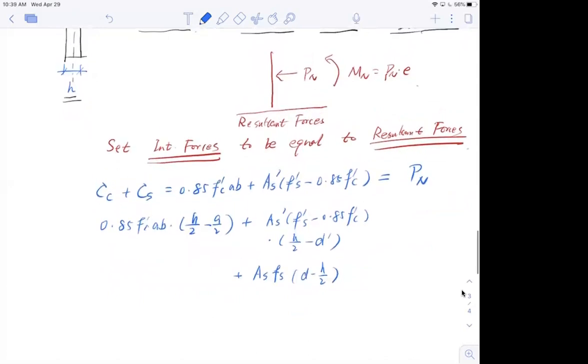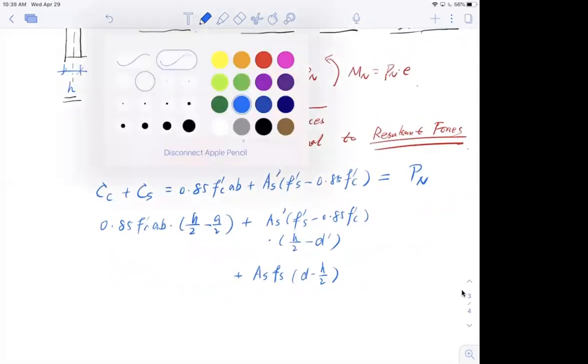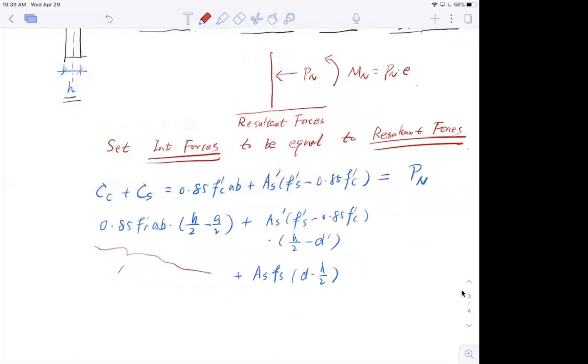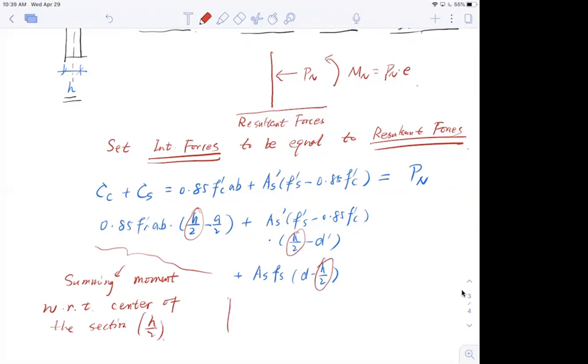You see that we're summing the moment. Just to put a note here in case you were wondering, this is summing the moment with respect to the center of the section, the half h line.